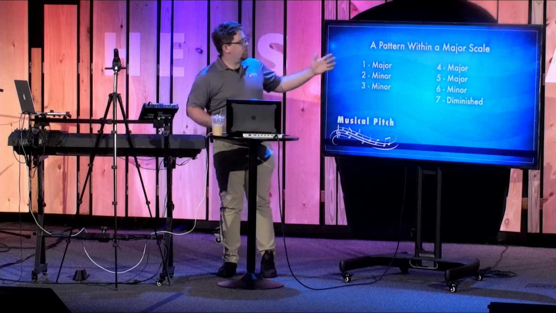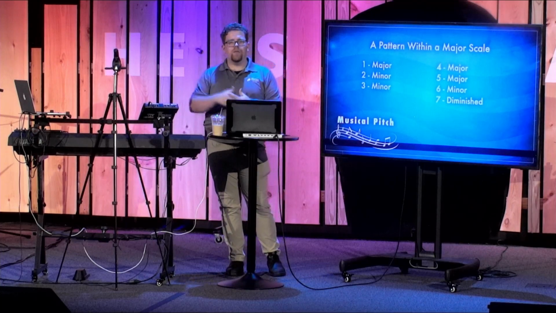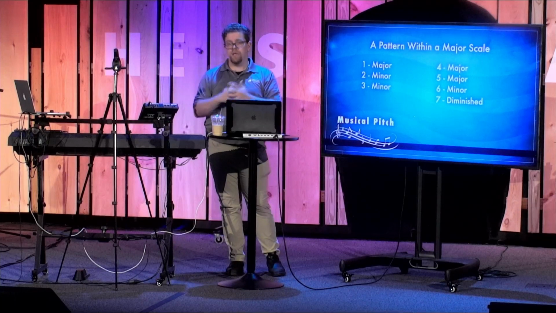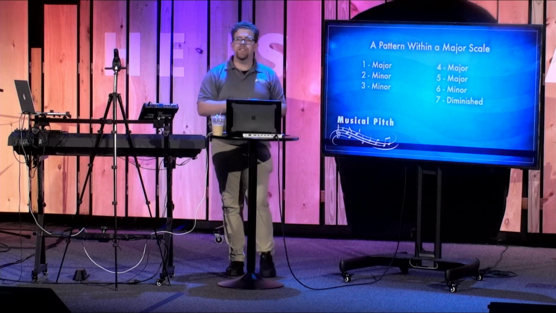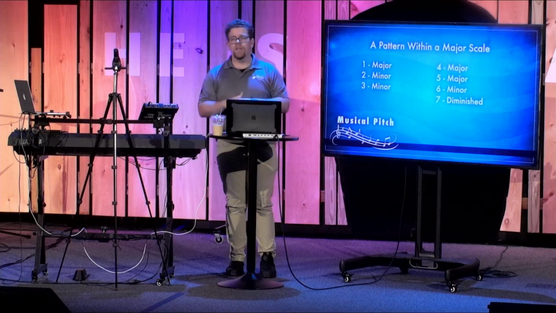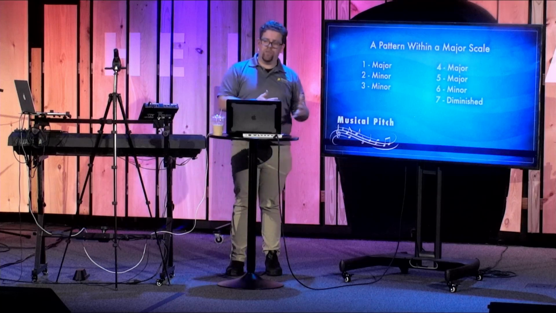So within a major scale, we have 7 pitches, and then when we get to the 8th pitch, it's the same as the first pitch, but an octave up. So we really have 7 pitches. And that's 7 different places from which we can start a chord if we're staying within the confines of our key, which we talked about in our previous video.